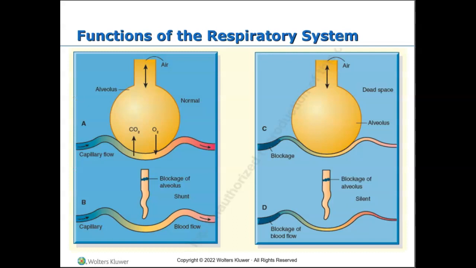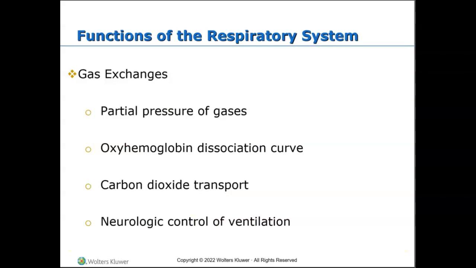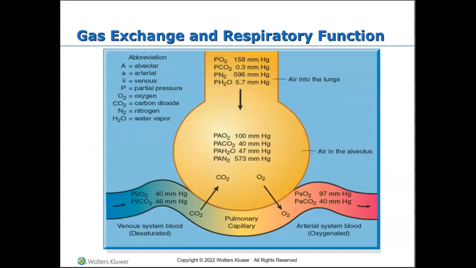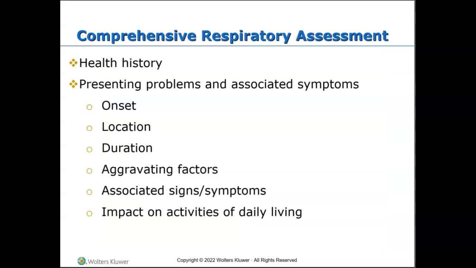So here again is a picture of what we just talked about, okay? Diffusion of CO2 and O2. Again, gas exchange, literally what we just talked about, functions of the respiratory system. This is another picture of the gas exchange within the alveoli.